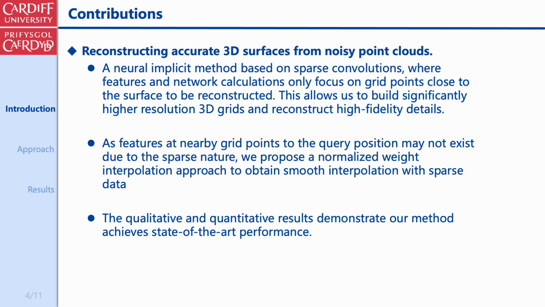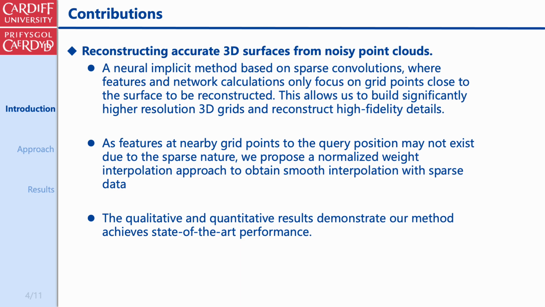Furthermore, we also figure out a normalized weight interpolation approach, since the feature at a nearby grid point to the query position may not exist due to the sparse nature. The third contribution is that the quantitative and qualitative results demonstrate our method achieves state of the art.